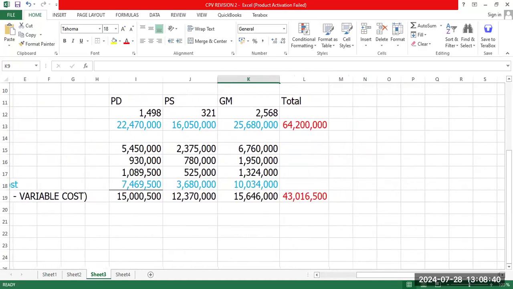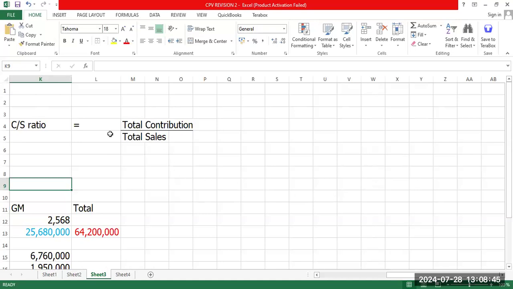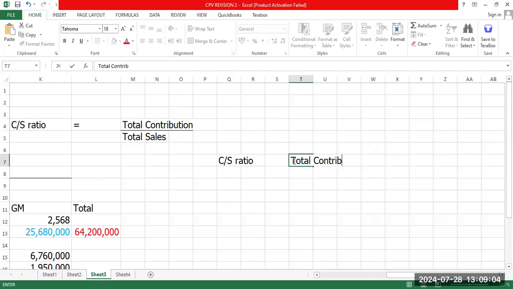So since that is my total contribution and I have my total sales, I can get the contribution to sales ratio, whereby I am just going to get total contribution. Then I divide by total revenue.